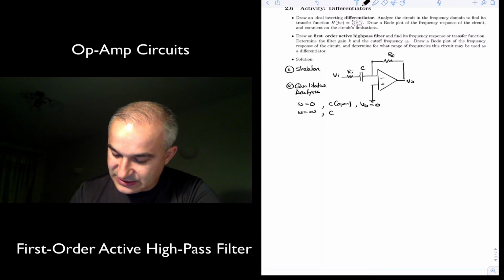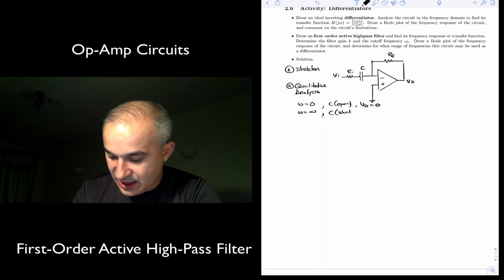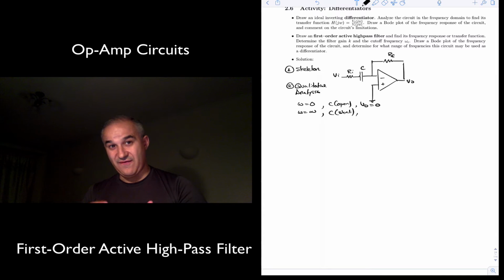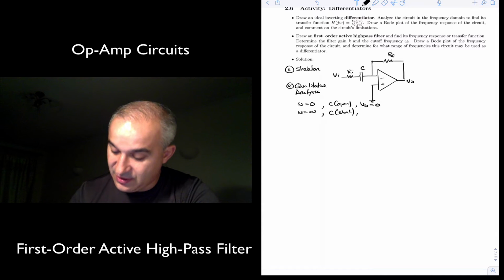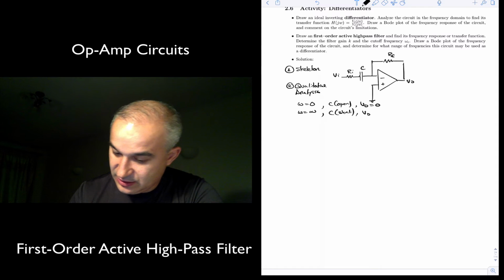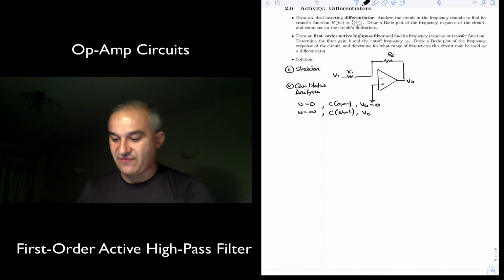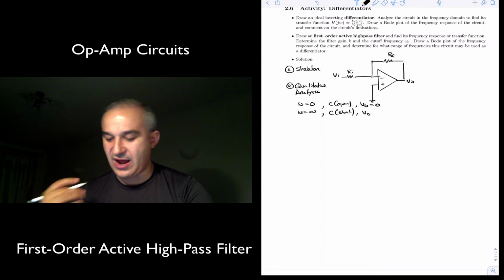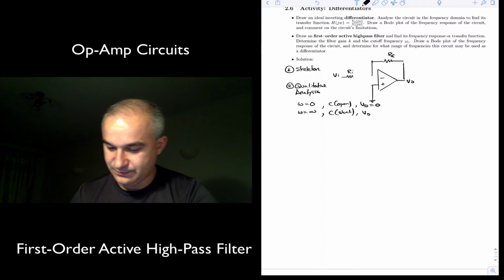What about high frequencies? At high frequencies, the capacitor is a short. And before, that created a problem for us because we have very large gain. But now, if this is just a short, we have our inverting amplifier. What is the output? Minus RF over Ri times the input.